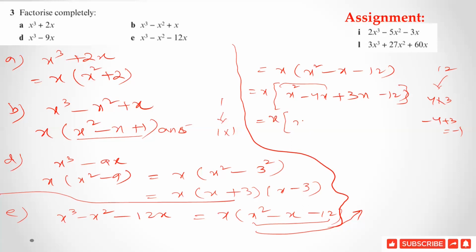Now take x as common from these two: x minus 4, plus 3x minus 4, because 3 times 4 is 12, so I wrote it here. So here x outside. Now we take x minus 4 as common and we are left with x and plus 3 in these 3 terms. So x plus 3, this will be your answer for E part.